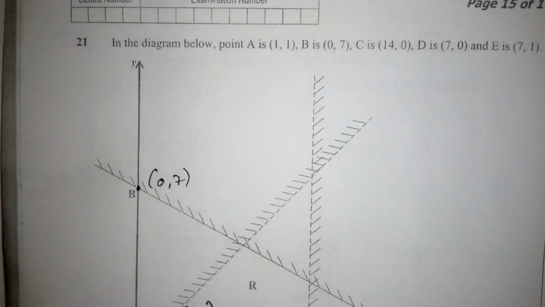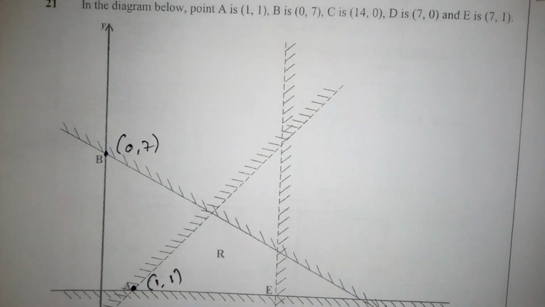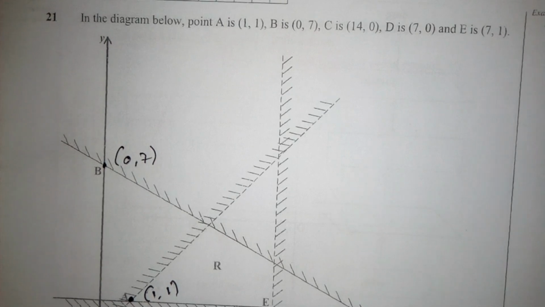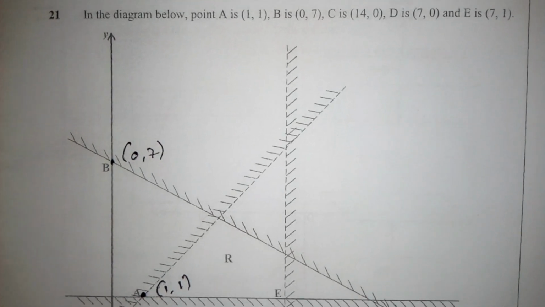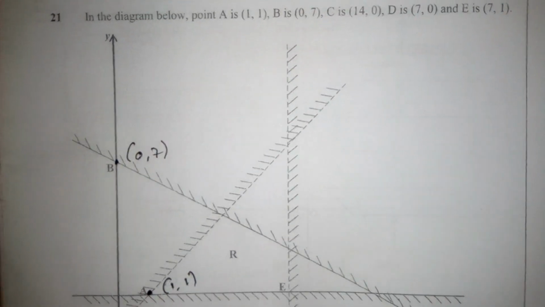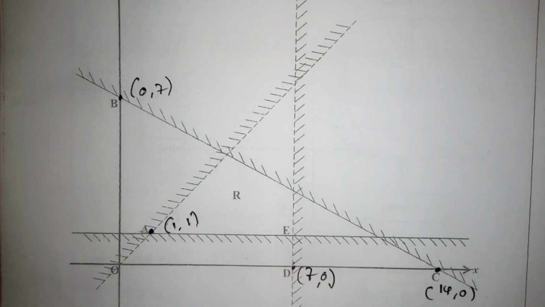We go to our C. Where is C? C is here, and under C they've said 14, 0. We go to our D. It's over here, and on D they've said 7, 0. So these will help us find the equation of the line.